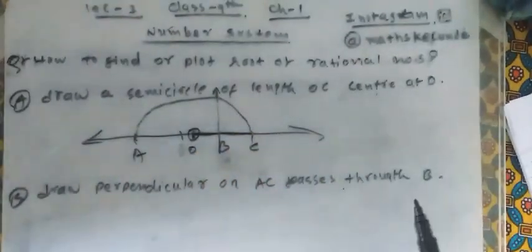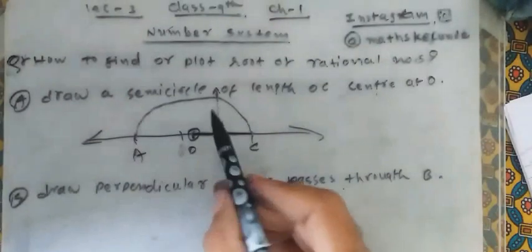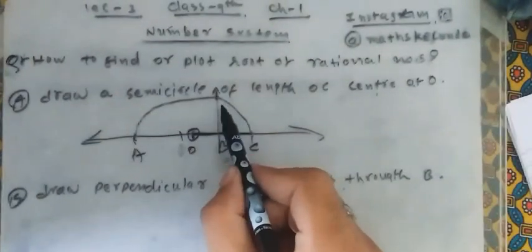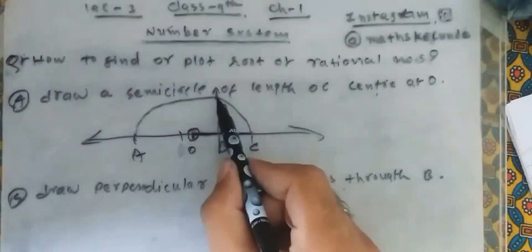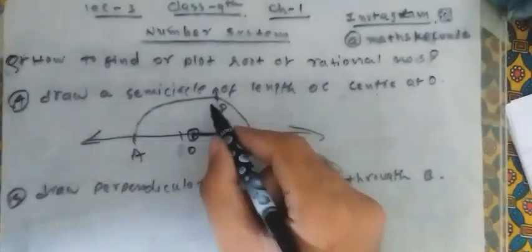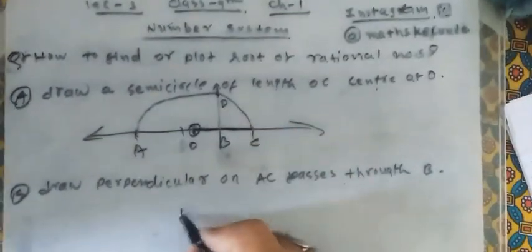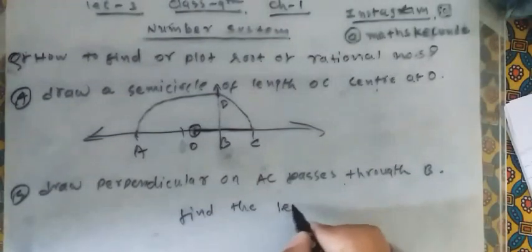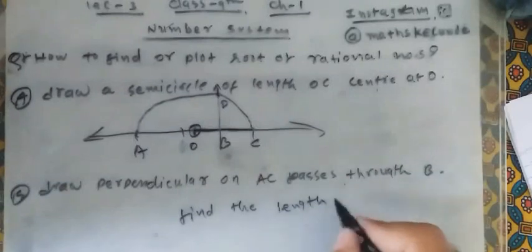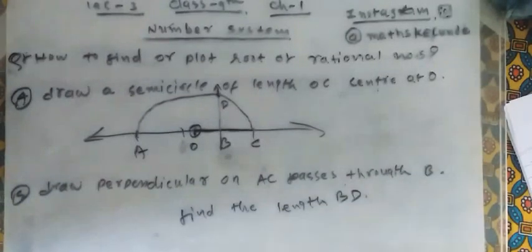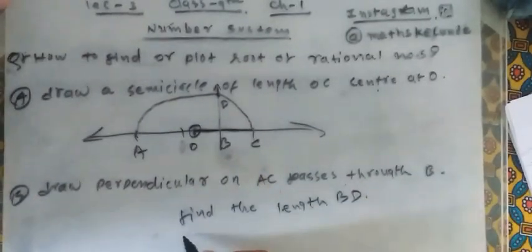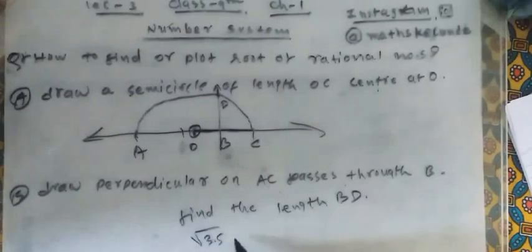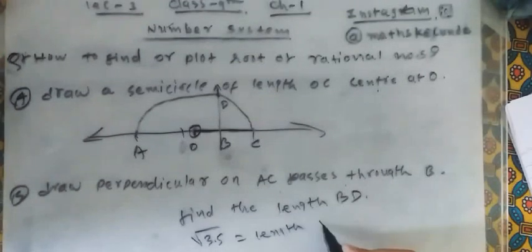Now name this intersecting point as D and find the length BD, and we have under root 3.5 is equal to the length of BD.